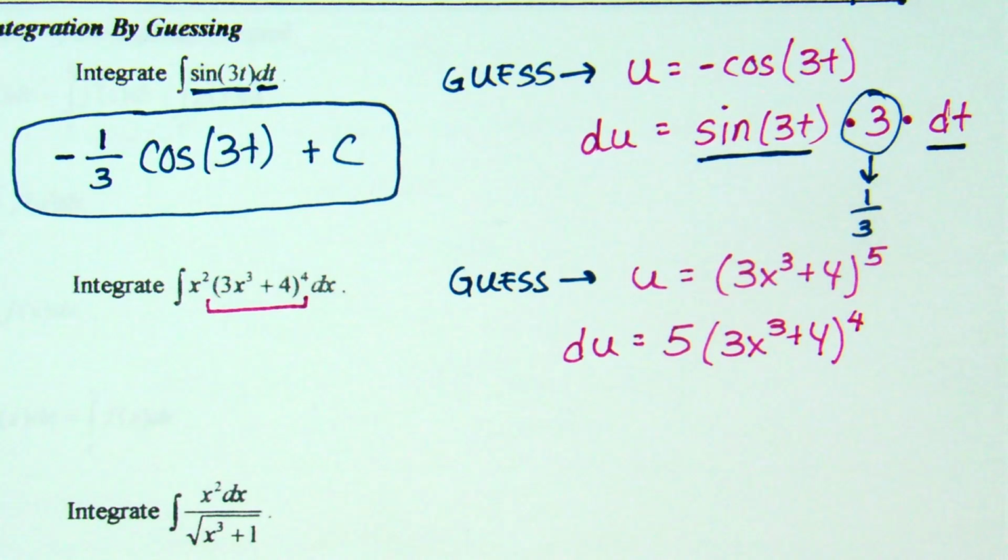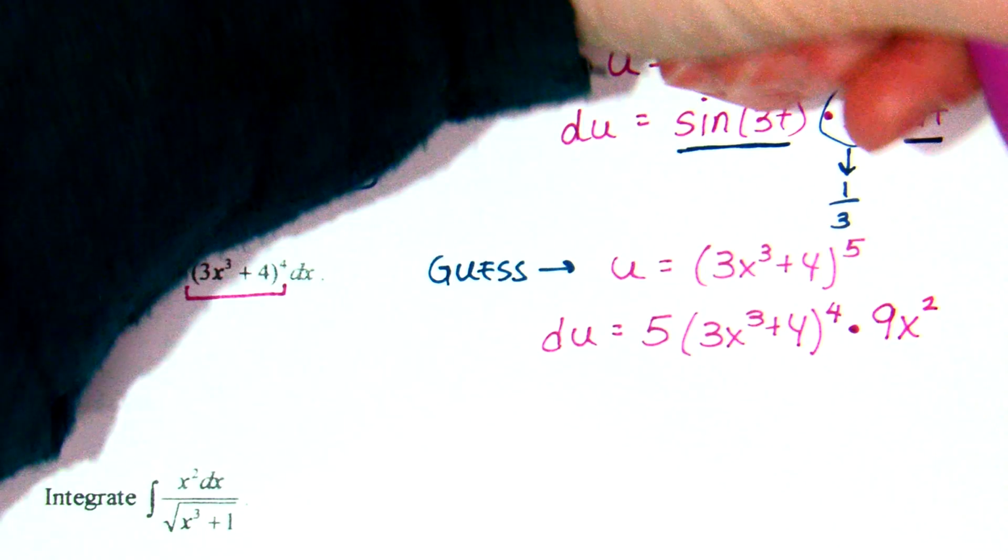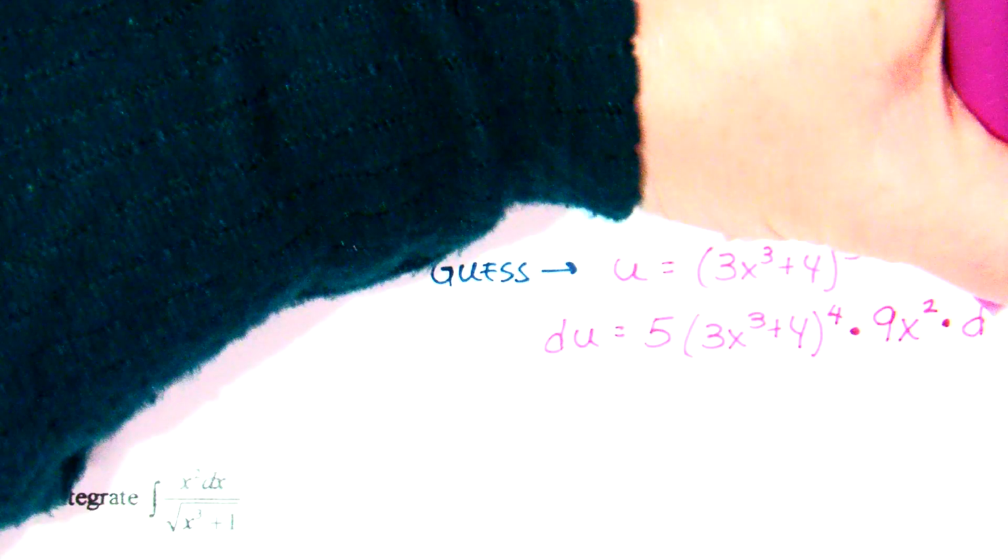And then times the derivative of the inside. What's the derivative of 3x cubed plus 4? 9x squared, plus 0 if you want, and then times dx.